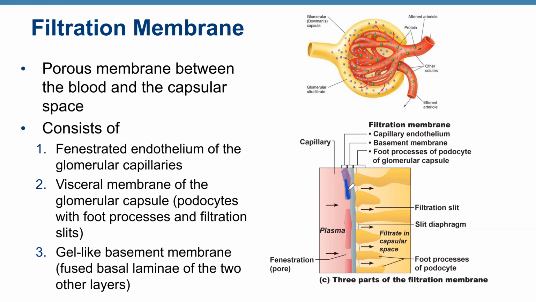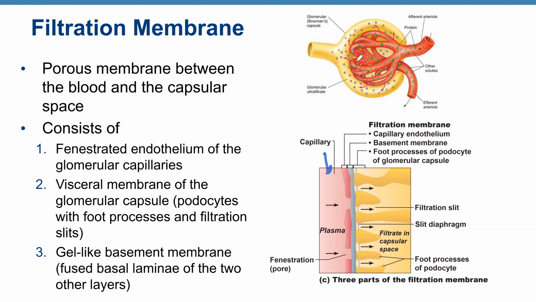That's our endothelium. It's fenestrated because you see how it has these big pores. Then we have the visceral membrane of the glomerular capsule, podocytes with foot processes and filtration slits. So then we have these podocytes. And between them, we have a gel-like basement membrane that is the fused basal lamina of the two other layers.